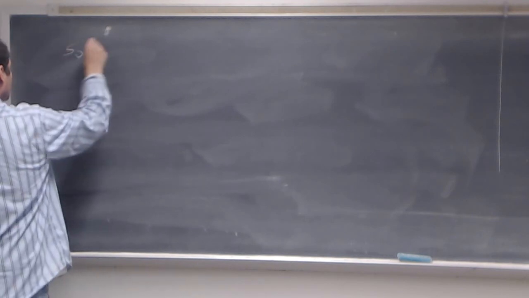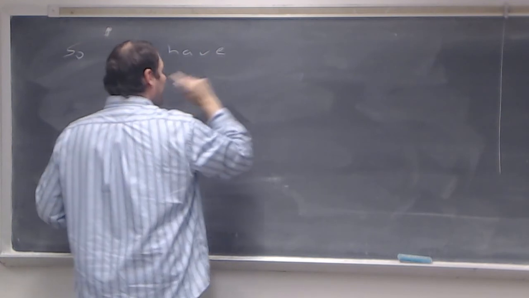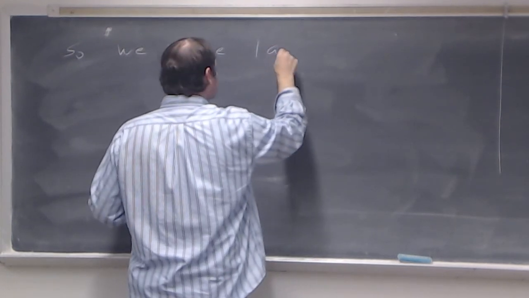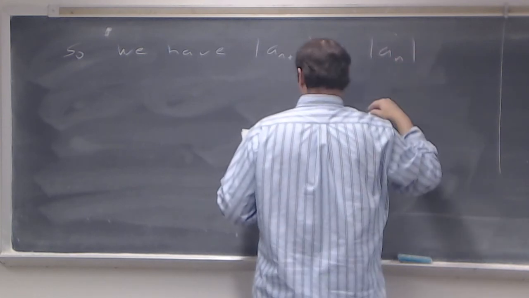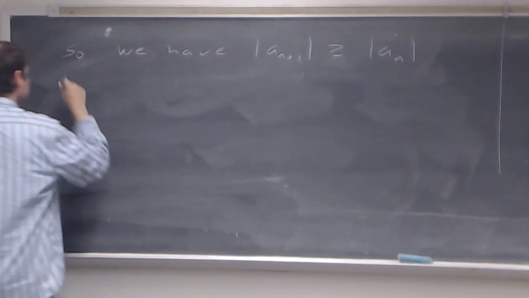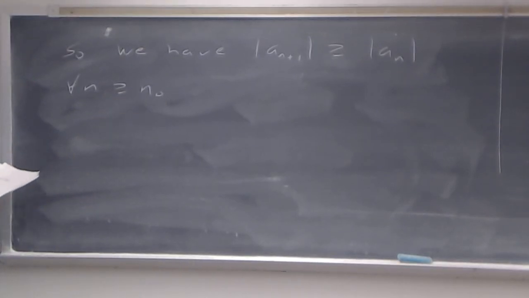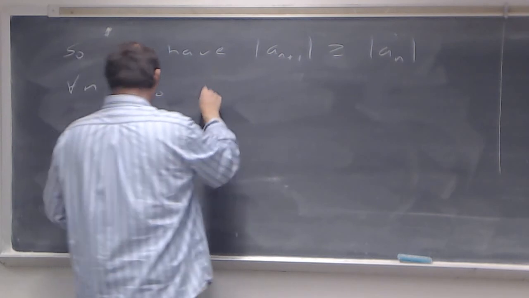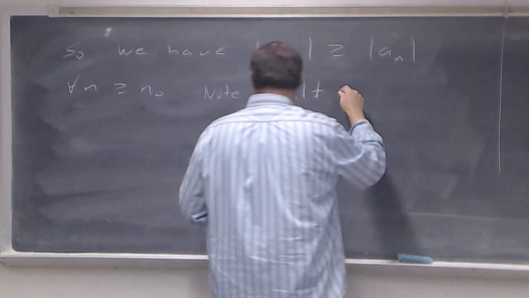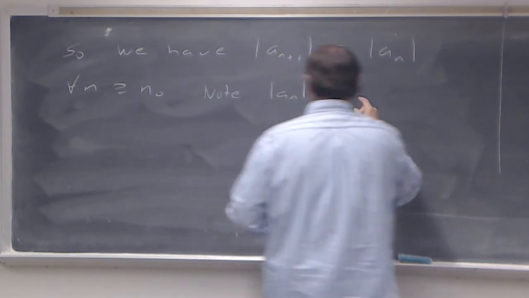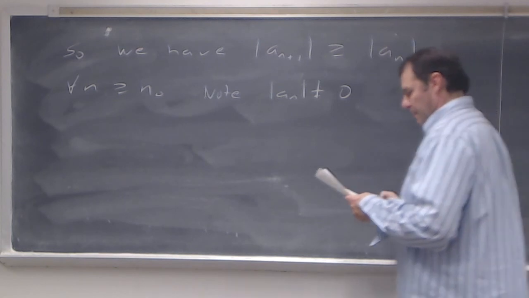So we have that the absolute value of a sub n plus 1 is greater than or equal to the absolute value of a sub n, and that's for all n bigger than or equal to n sub naught. Now, note that a sub n being different from 0, again, we'll just make that plain here.